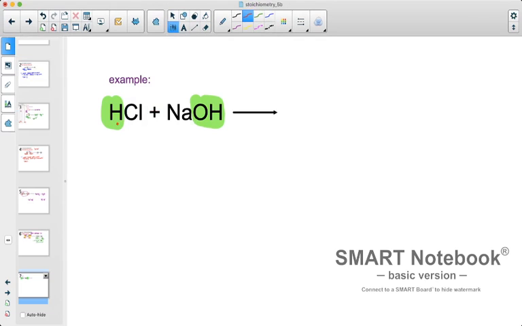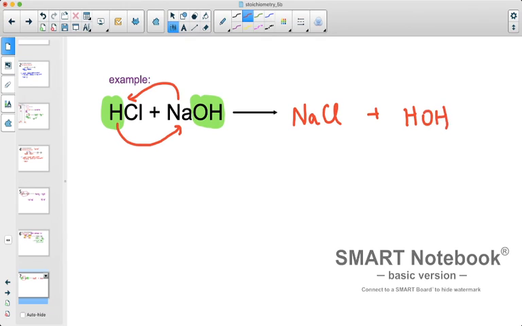So my H takes Na's place, and my Na takes the H's place. So I end up coming up with a product that looks like this. I have NaCl, metal always goes first, plus when I switch the other partner, I have HOH, which is really just water.